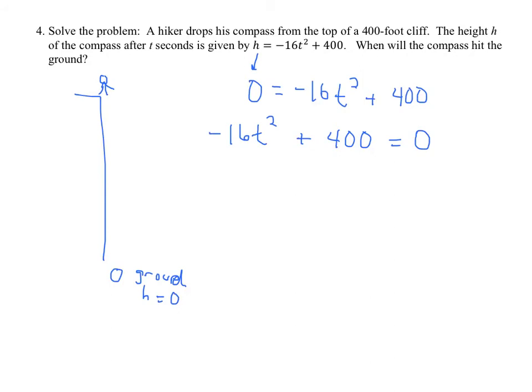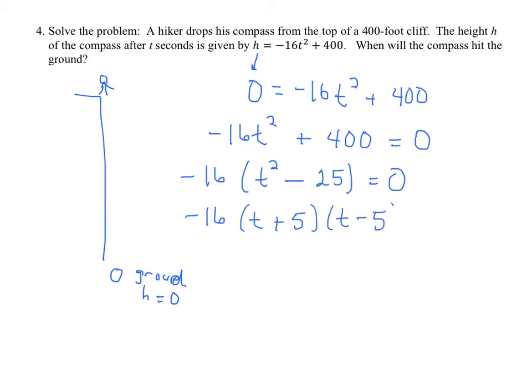Perfect. So now what I'm going to do is factor out a negative 16. When I do that, I'm going to be left with t squared take away 25. Now I'm going to factor even more. So negative 16, t plus 5, t minus 5. Perfect?